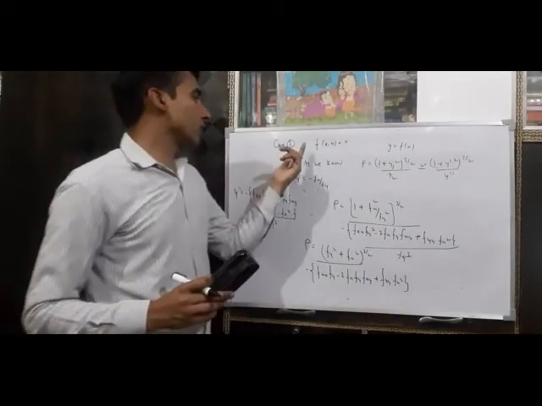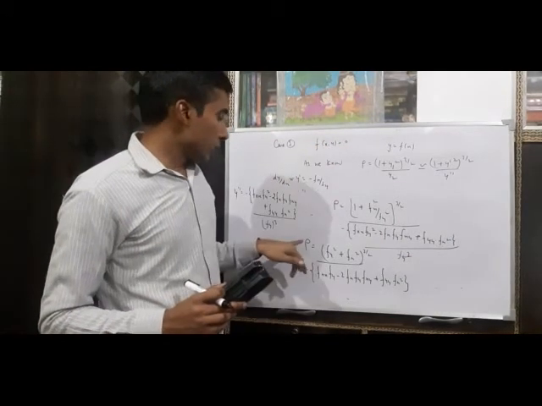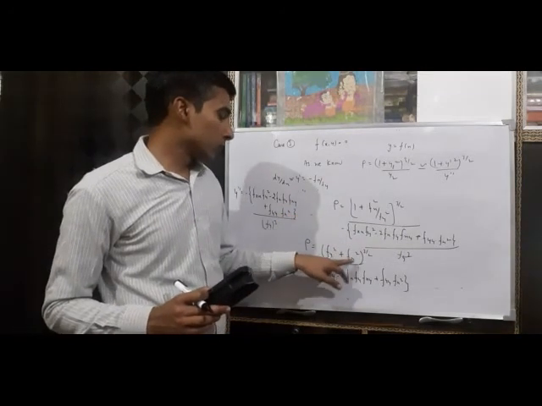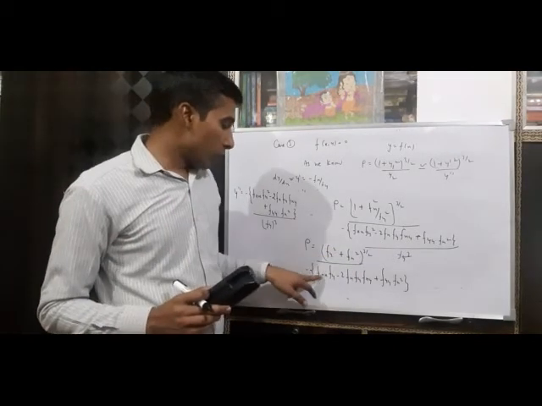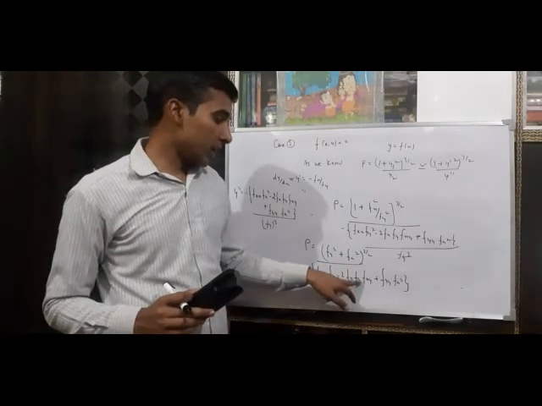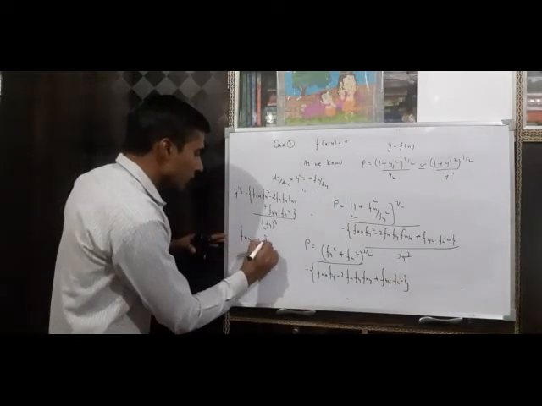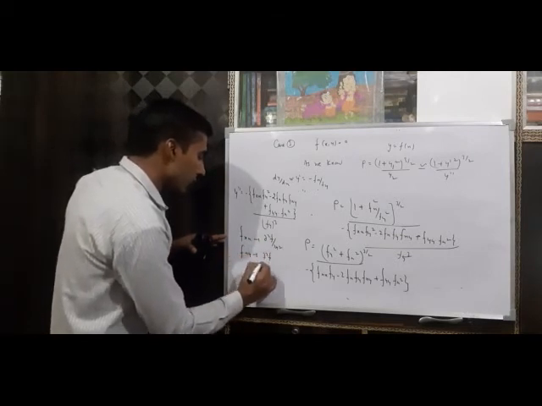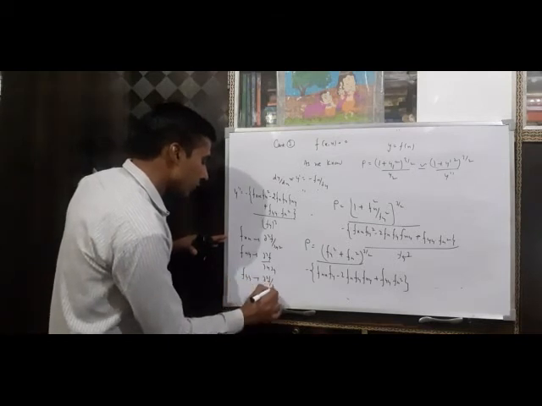So when the given equation is of this form, that means an implicit equation, in this case when we try to find the radius of curvature, we have to determine the values of the partial derivative of f with respect to x, the partial derivative of f with respect to y, and the second partial derivatives f_xx, f_xy, f_yy. Here f_xx means curly square f over curly x square, f_xy means curly square f over curly x curly y, and f_yy means curly square f over curly y square.